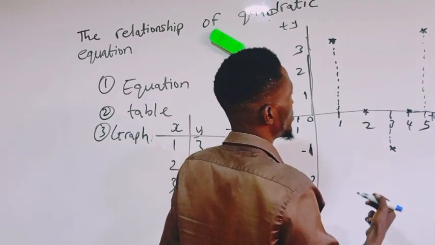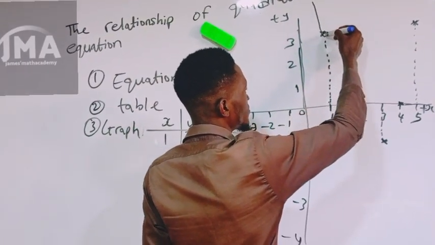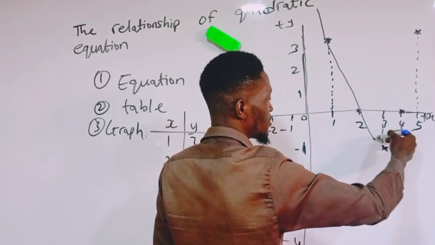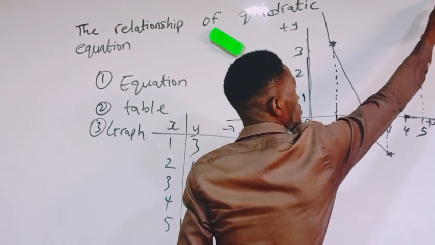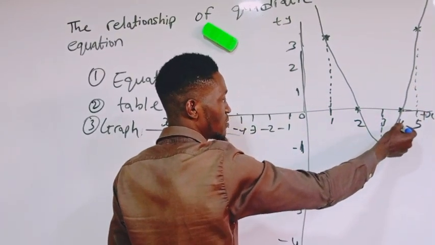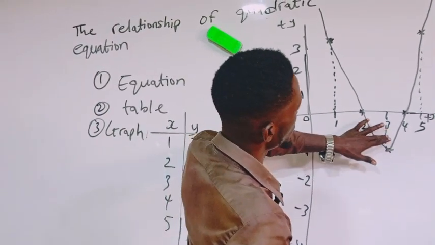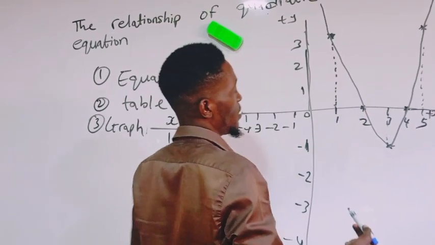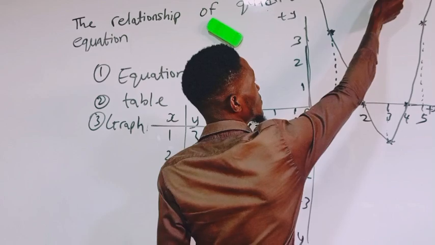Let me use my freehand to sketch it. I'm sorry, my hand is not that straight, but I believe you understand what I'm trying to draw. So I'm going to have this U shape. There's a certain line called the axis of symmetry.